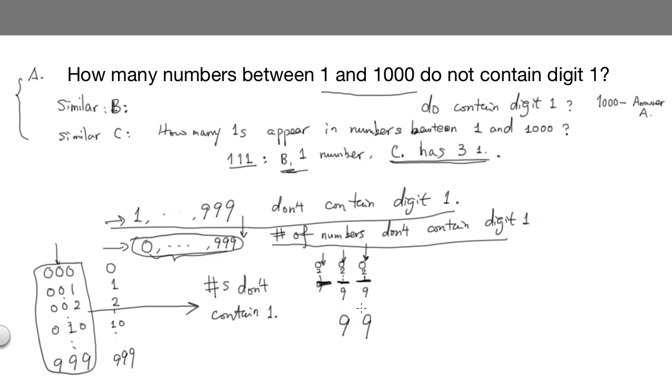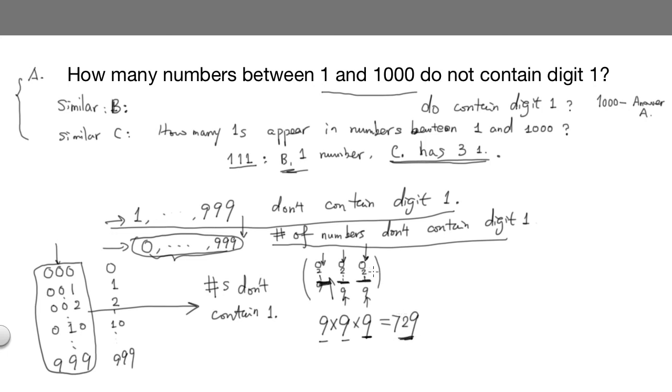In total, you multiply the number of choices for each digit because those choices are independent. So 9 times 9 times 9 equals 729 such numbers.